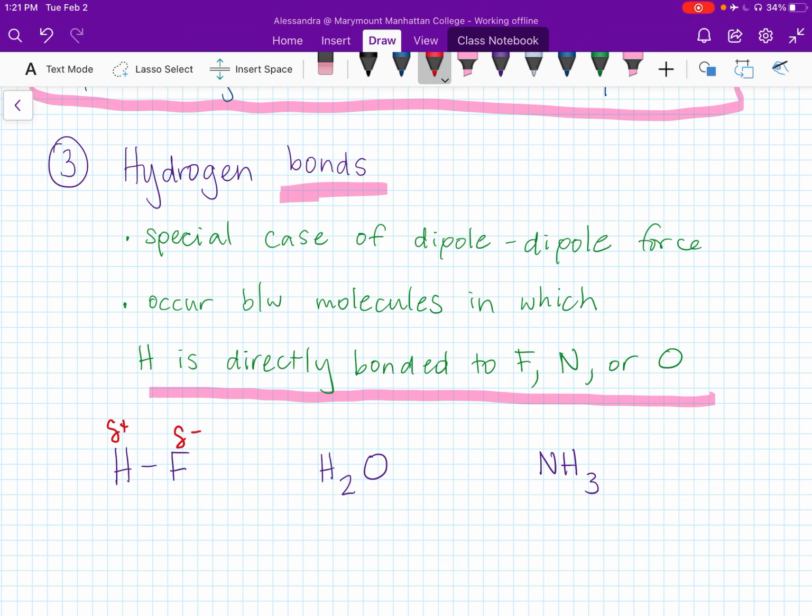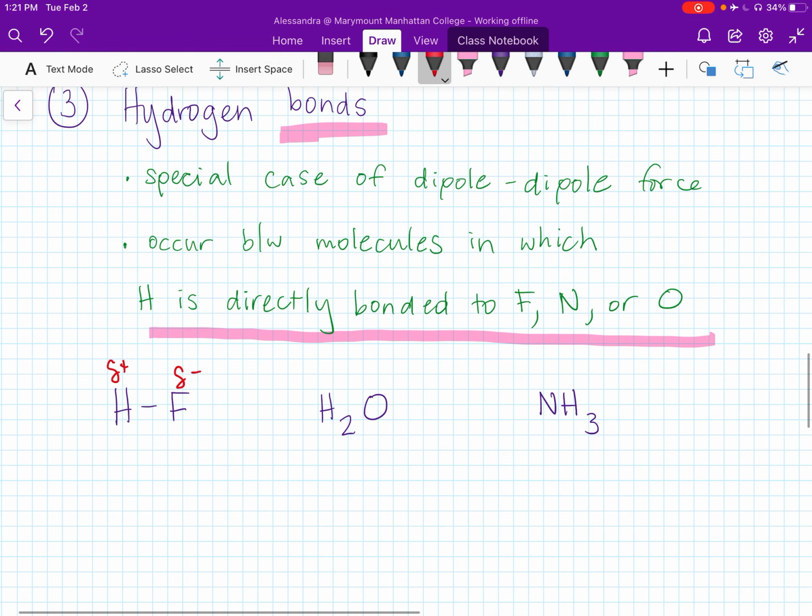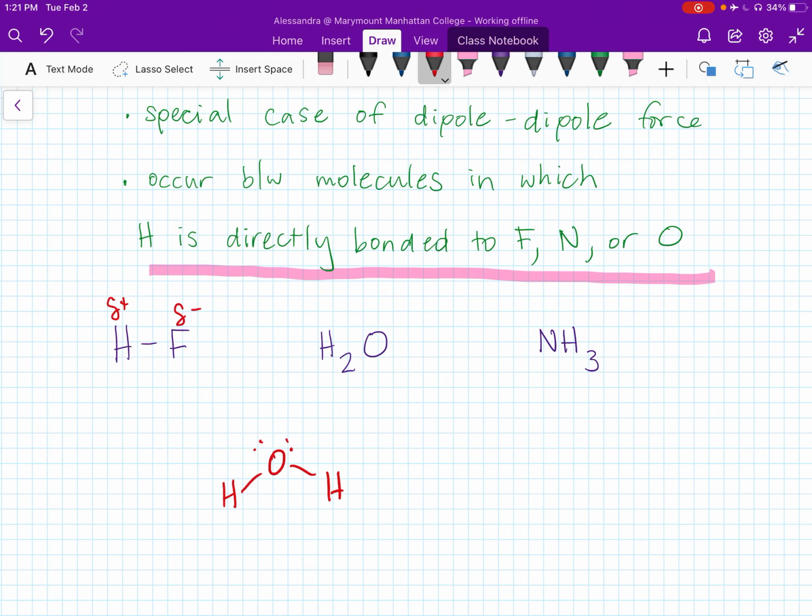And as a consequence, it is very attracted to electron pairs in other molecules. This is the root of hydrogen bonding, and we know that water engages in hydrogen bonds. So, for example, looking at water, this hydrogen in water is really searching for electron density. So it kind of looks to the oxygen in the molecule next door to get what it needs electronically.